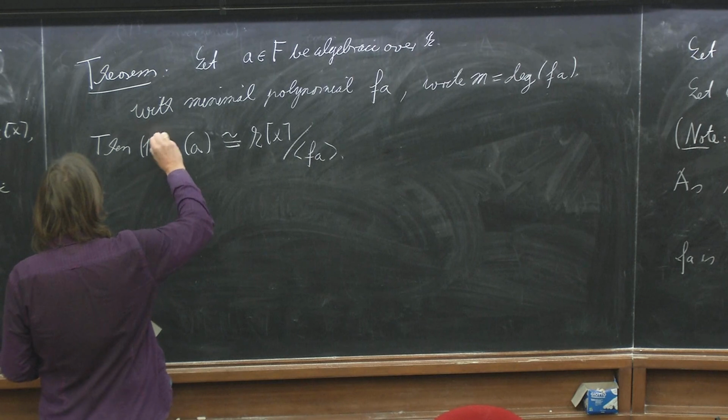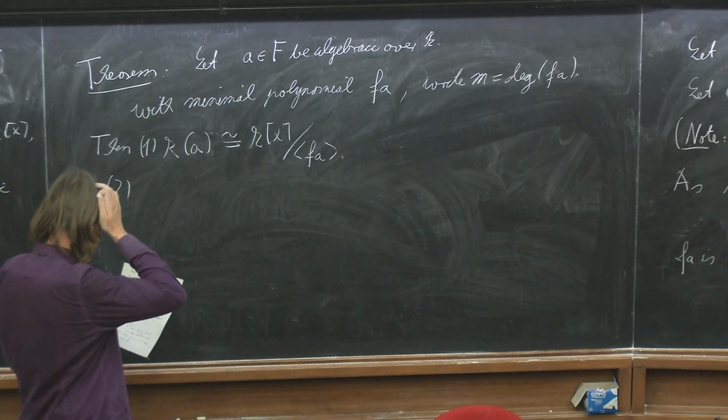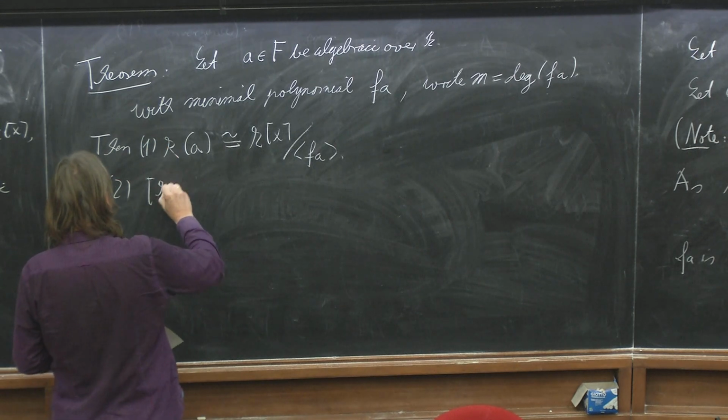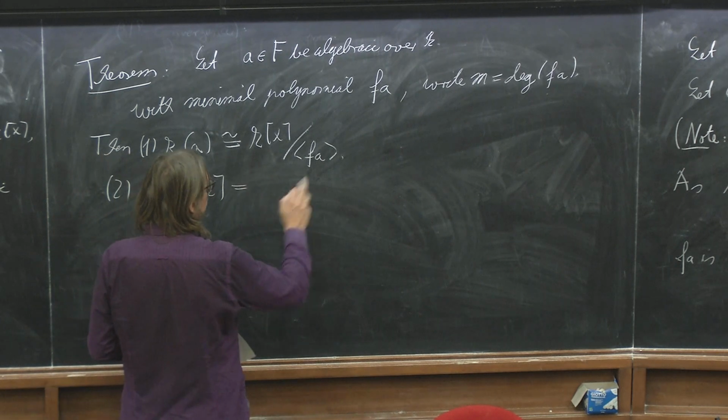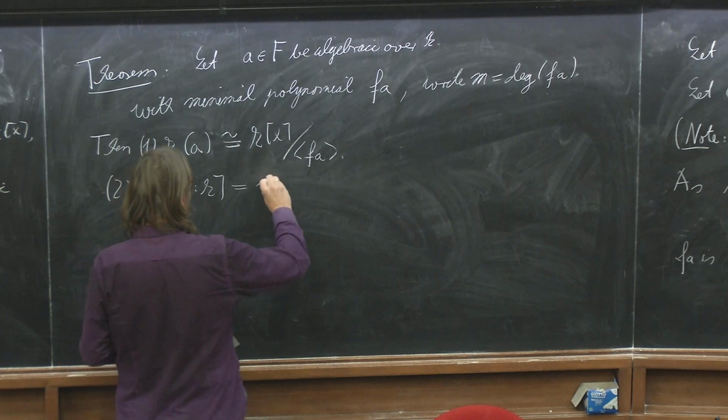And the rest is a consequence. So the degree of the field extension is equal to the degree of the minimal polynomial.